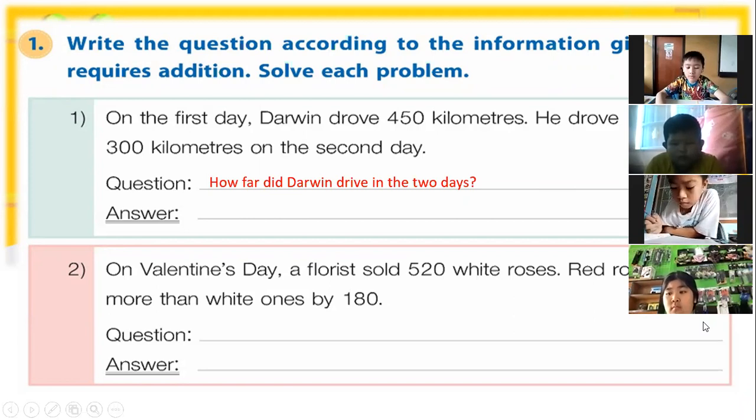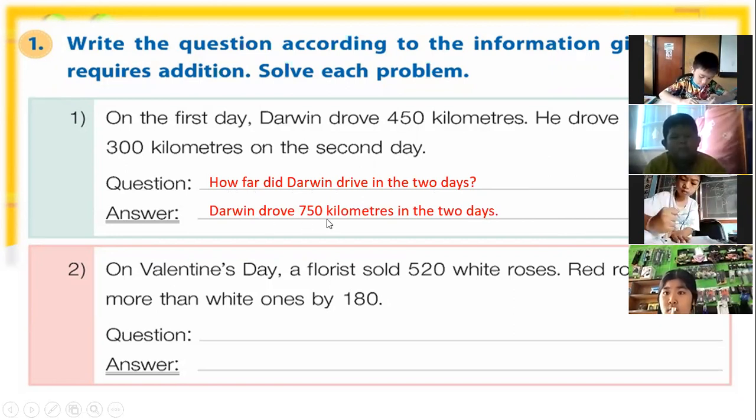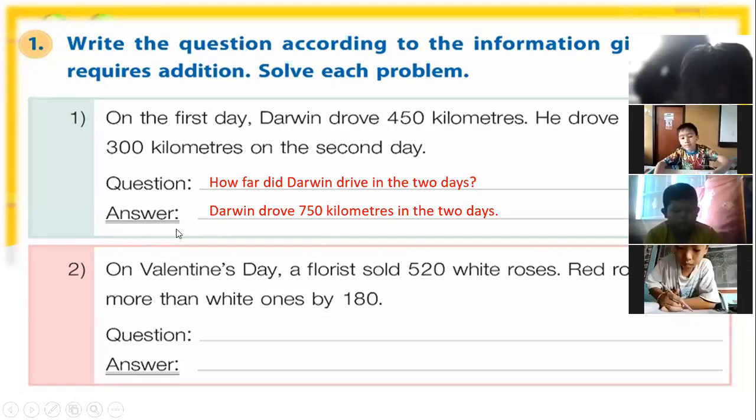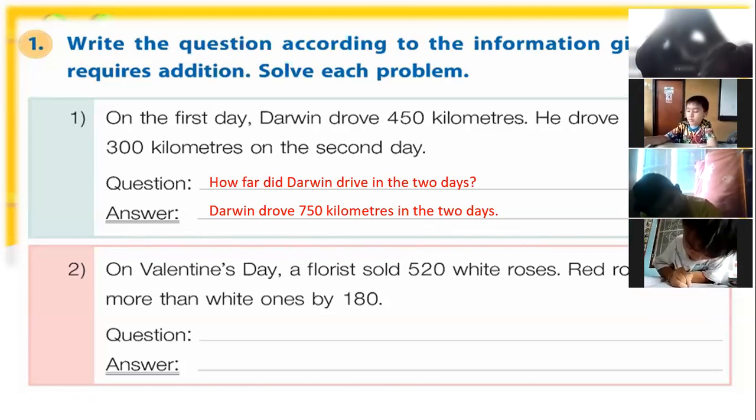Exactly, very good. So we have the question we made: how far did Darwin drive in 2 days? By adding 450 and 300, we get 750. So the answer is: Darwin drove 750 kilometers in the 2 days. That's how simply we can make the question and then the answer.